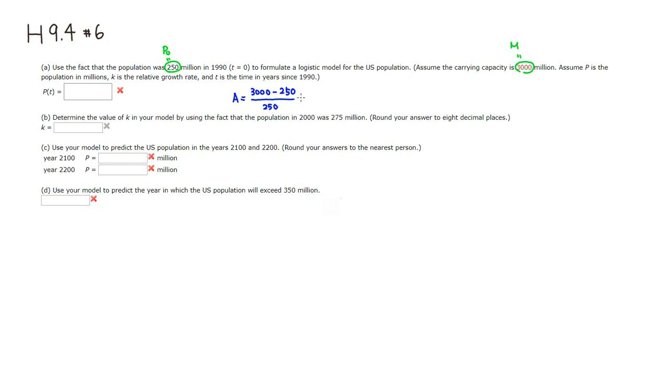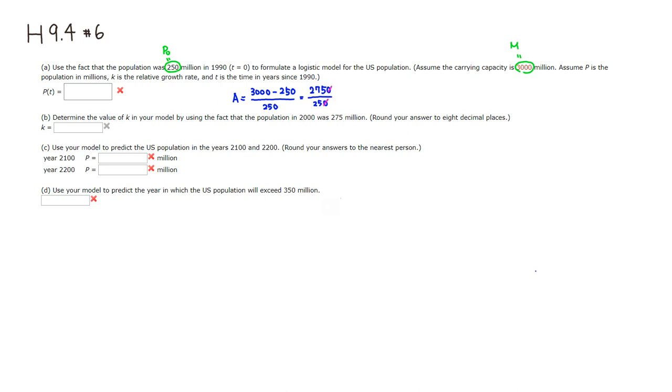So if you subtract 250, you get 2,750 divided by 250, right? So I'm going to divide top by 10 and bottom by 10.